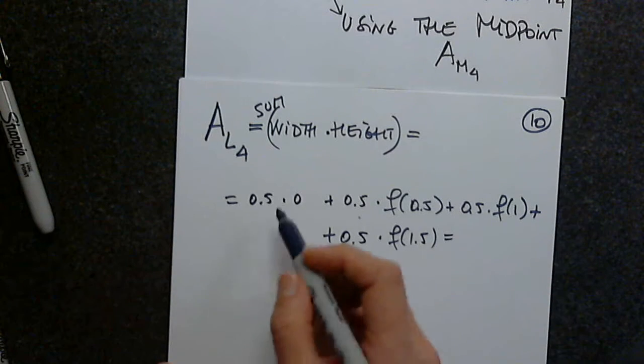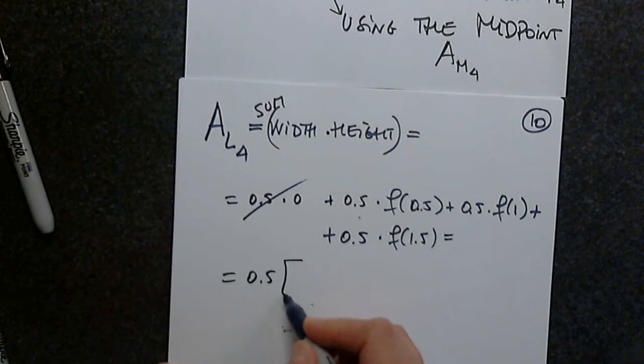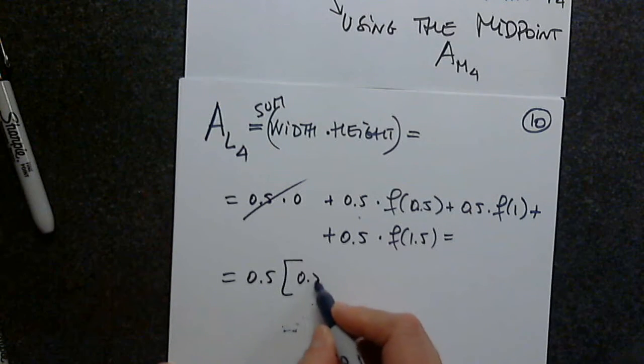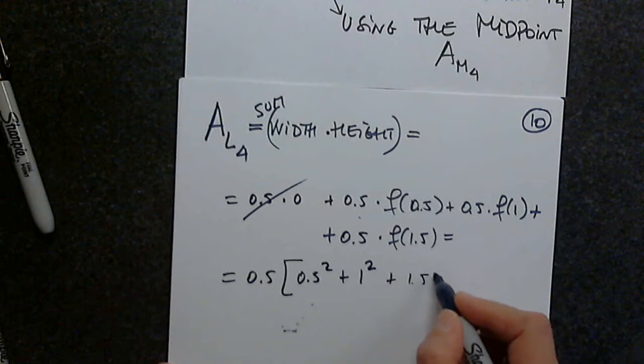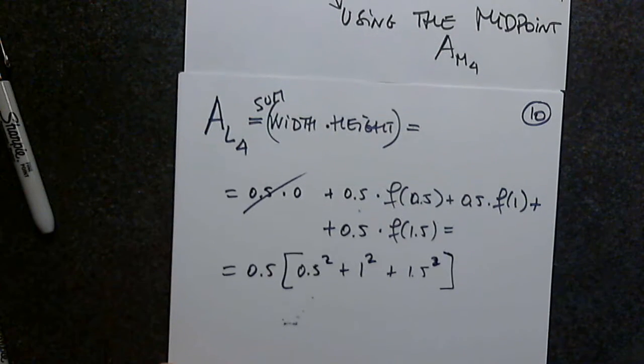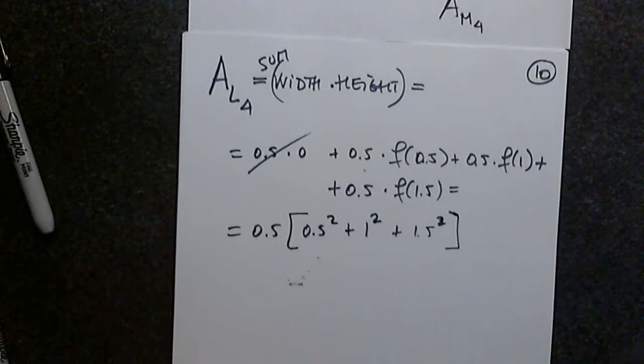Okay, so we determine this is 0. I will factor out 0.5. And then I have f of 0.5, which is 0.5 squared, plus f of 1, which is 1 squared, plus 1.5 squared. I factor out 0.5 because it's the same for all of them.